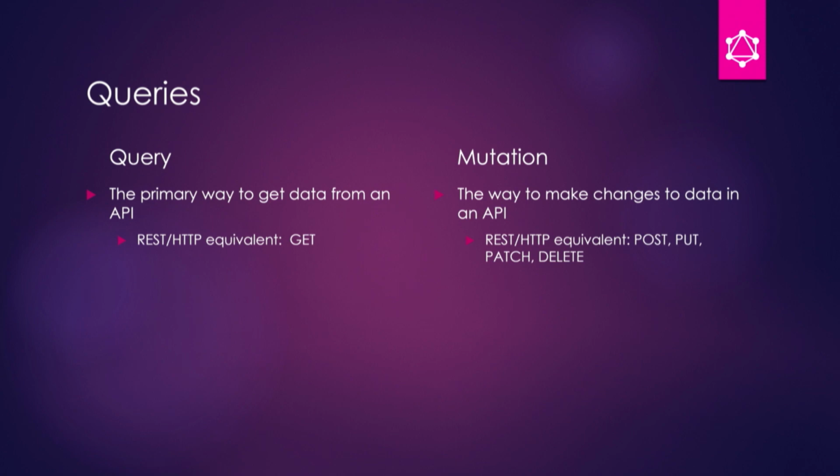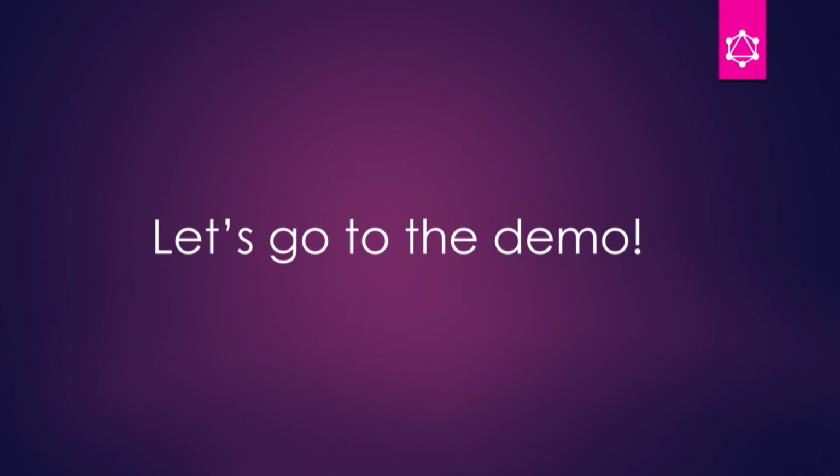For mutations, on the other hand, it's like your posts, puts, patch, deletes. All of the things that actually modify data in your backend. With that really quick rundown, let's actually go look at some code.